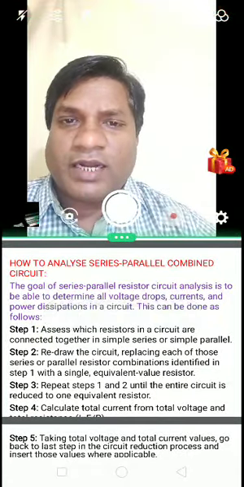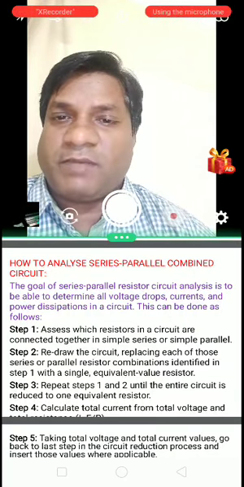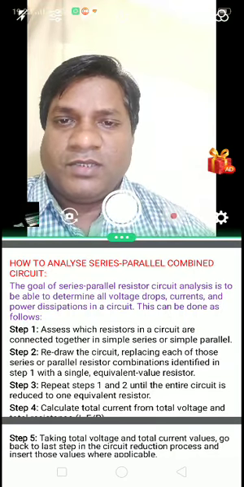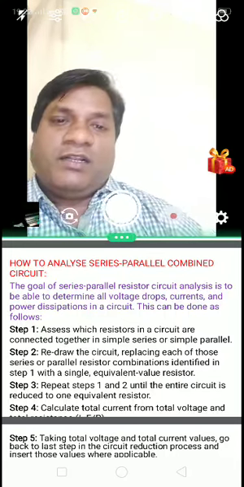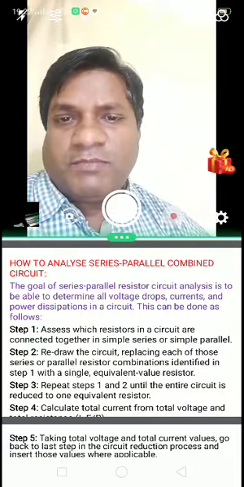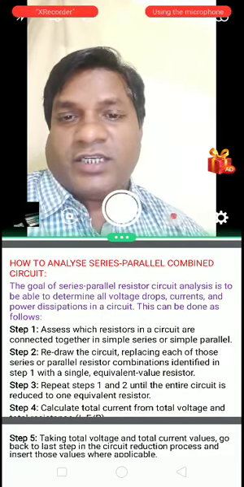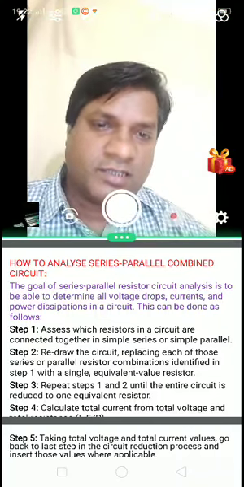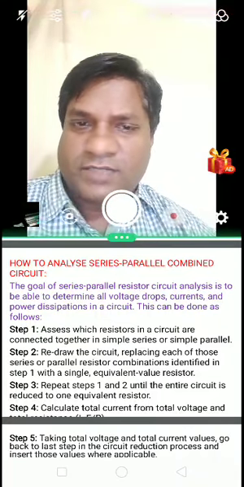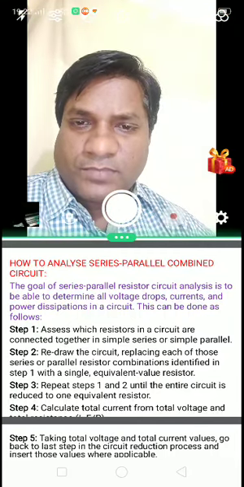So how to analyze a circuit which contains both series and parallel combinations? The goal of the series parallel resistor circuit analysis is to be able to determine all voltage drops, currents, and power dissipation in a circuit. This can be done as follows. Step 1.